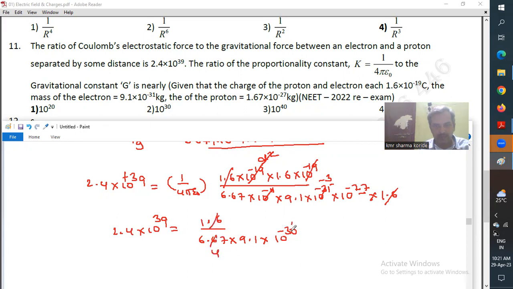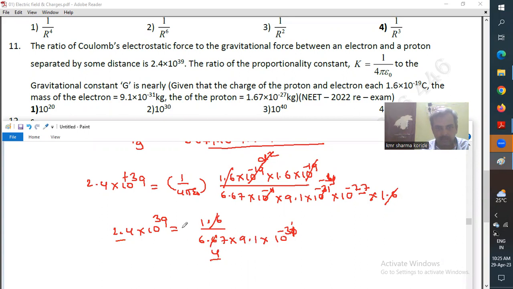You can cancel this and this. We missed one quantity here, and there is minus 42. This will be minus 4, so this will be minus 31. So therefore, roughly this is closer to 10.